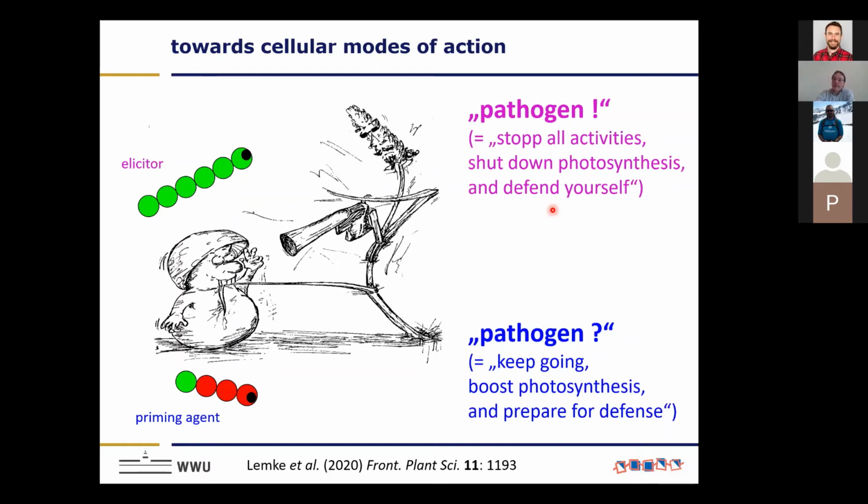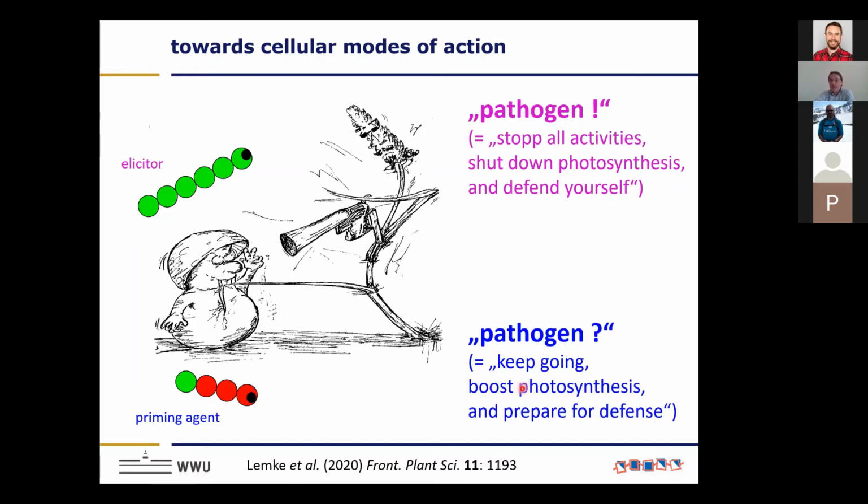The idea is that a fully acetylated chitin oligomer is recognized by the plant as an elicitor. This tells the plant there's a pathogen, so it has to stop all activities, it shuts down photosynthesis, and it starts defending itself. On the other hand, a priming agent is only telling the plant that a pathogen may be there. So the plant keeps going.